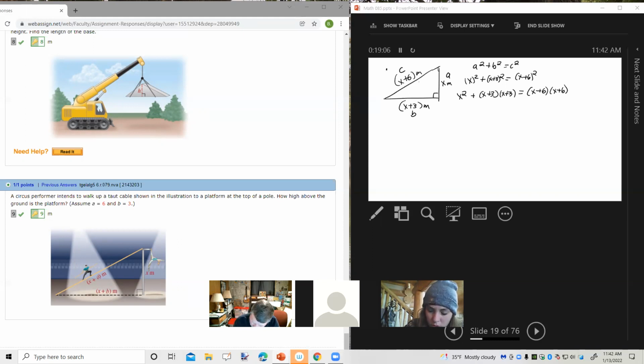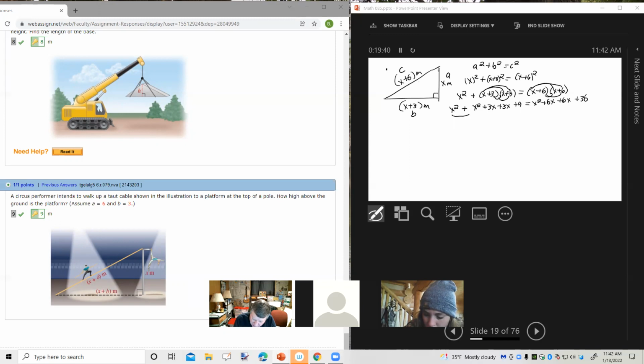So now we're going to FOIL: x squared plus x squared plus 3x plus 3x plus 9 equals x squared plus 6x plus 6x plus 36.